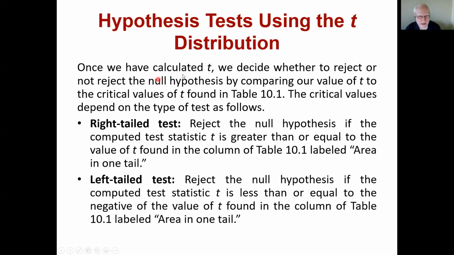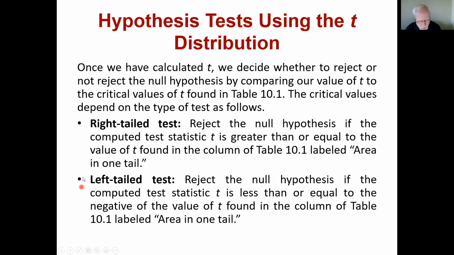So once we've calculated t, we decide whether to reject or not reject the null hypothesis by comparing our value of t to the critical values of t found in table 10.1. The critical values depend on the type of test as follows. If you're doing a right-tailed test, reject the null hypothesis if the computed test statistic t is greater than or equal to the value of t found in the column of table 10.1 labeled area in one tail.